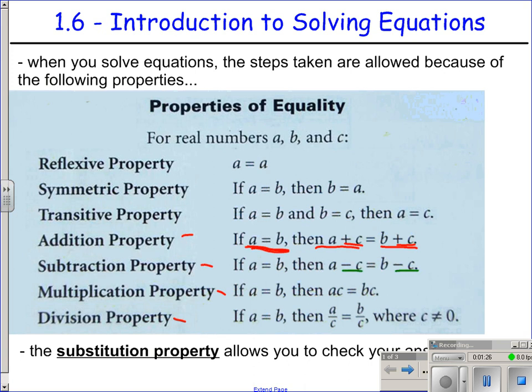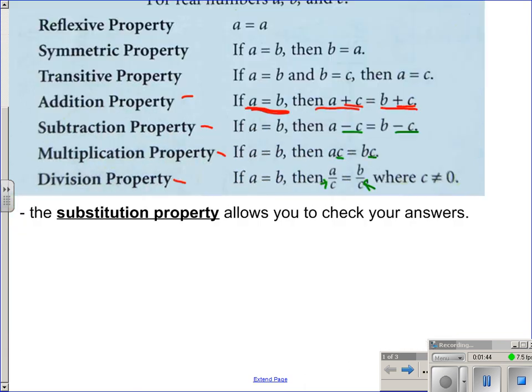Subtraction property, you're subtracting the same number from both sides; multiplying by the same number on both sides; dividing both sides by the same number. These properties just guarantee that if you start with equal things and you do these steps, you're going to keep the equal things. And down here on the bottom, the substitution property basically just allows you to check your answers. You get an answer X, you go back up top, plug in that value for X, substitute it in, and make sure everything works properly.